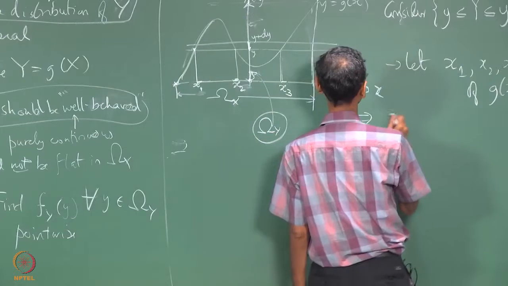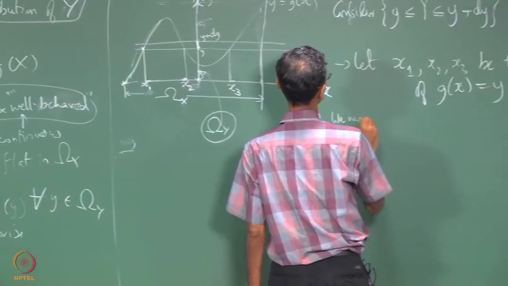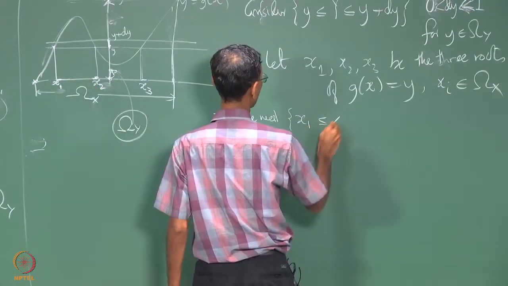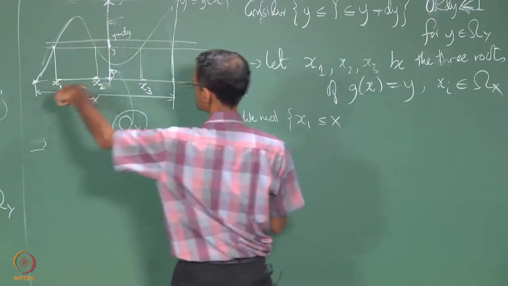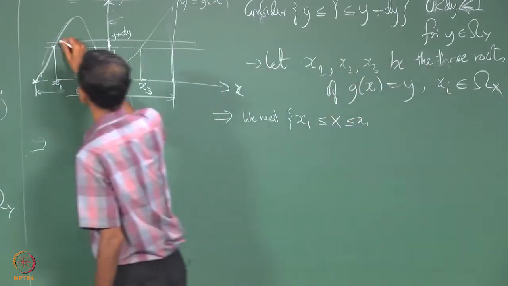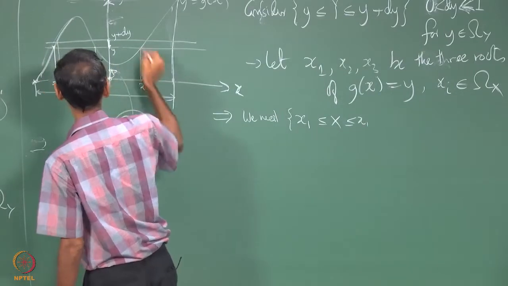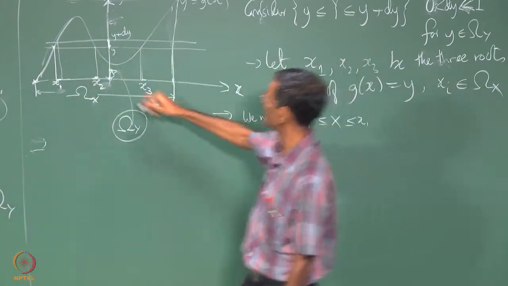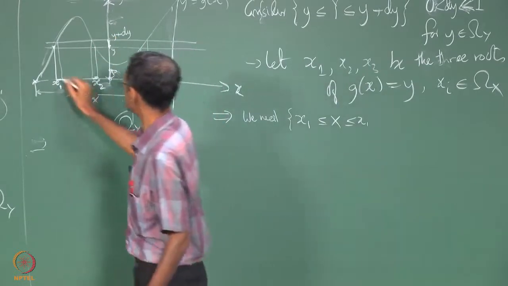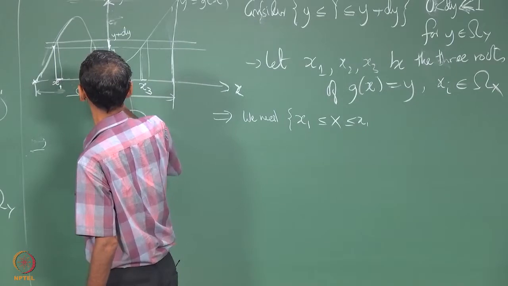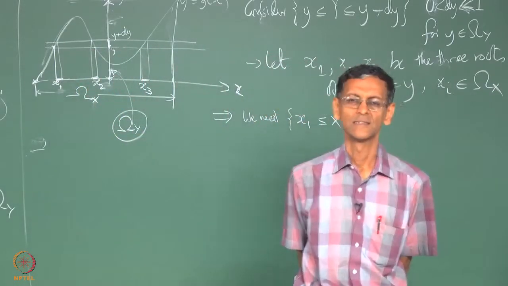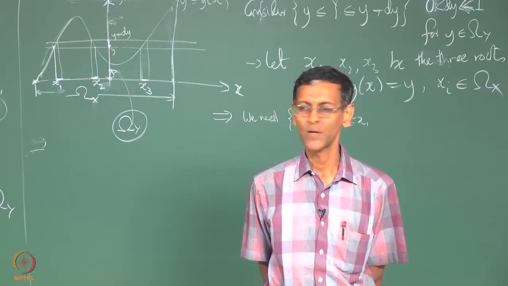So we need, in this case, x1 smaller than, and I am assuming that g is decreasing at x2 but increasing at x1 and x3, so that I have x1 and here I need to write dx1, dx2, dx3, but if I start marking that here it becomes too messy, so let me not mark it. I just highlight it with some chalk here, and you know what I mean when I write dx1, dx2, dx3.